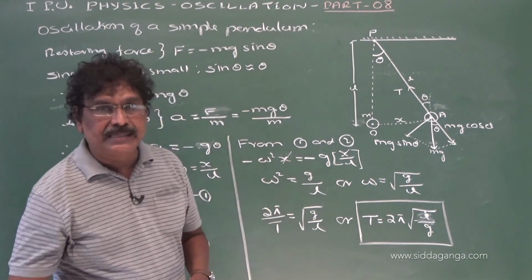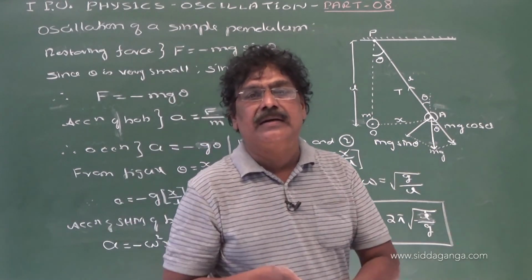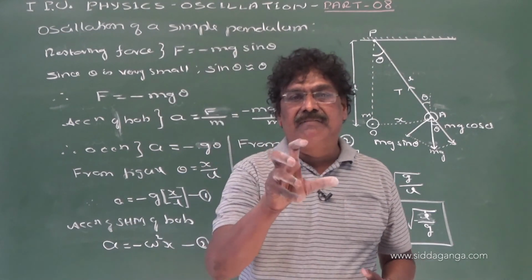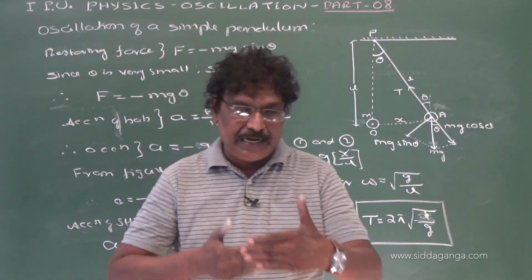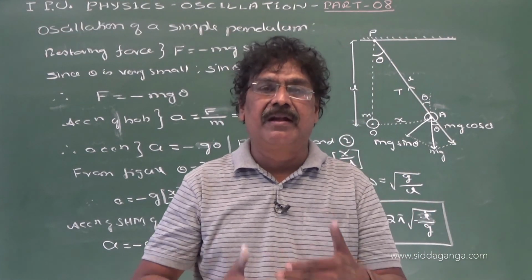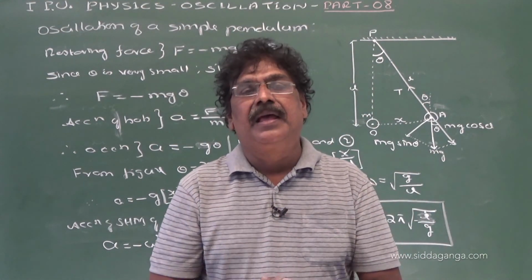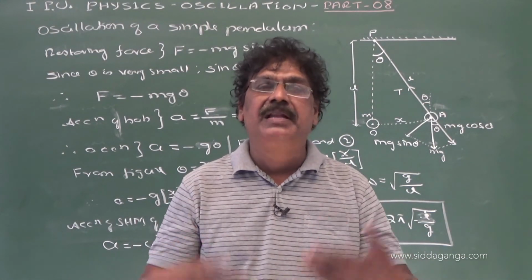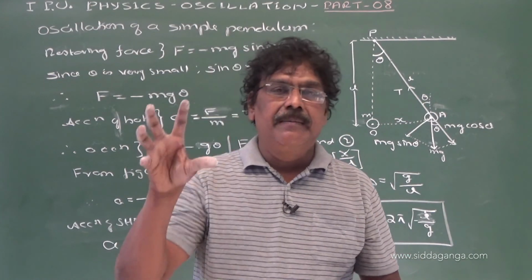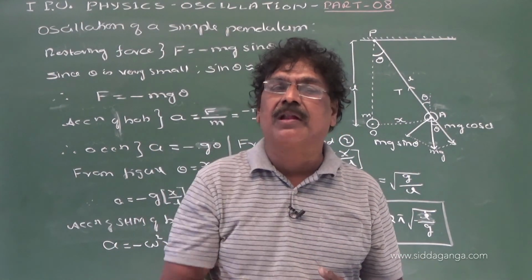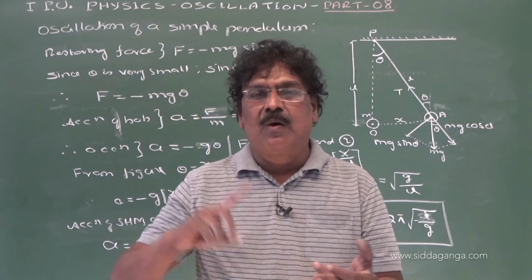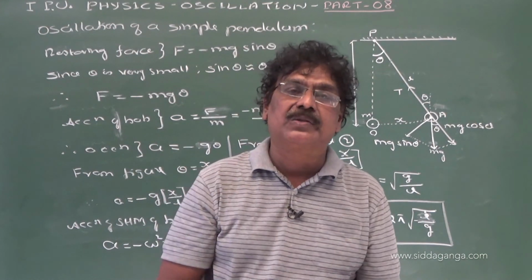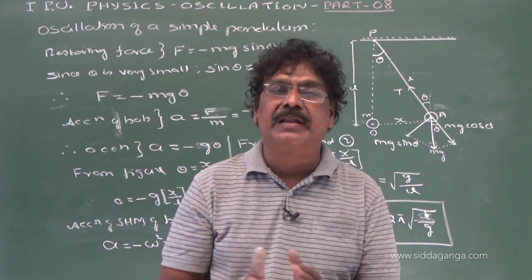Now let us conclude this class, right. Remember that in this class we have discussed different cases of period of oscillation of springs with one mass, with two masses, series combination, parallel combination, special cases, etc. Basically remember that in combination of springs, what happens to force, what happens to displacement, what happens to effective force constant, and what happens to the period of oscillation of the combination of springs.